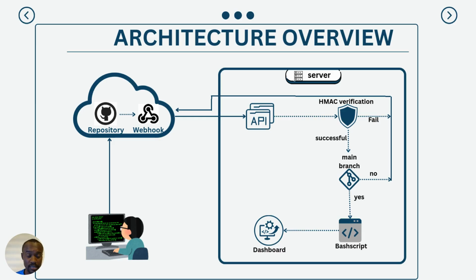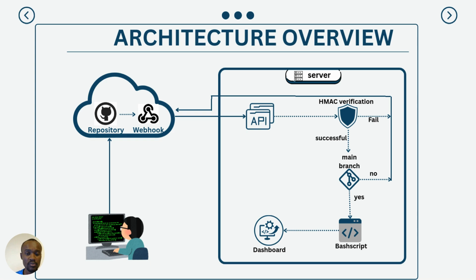HMAC verification is done by the API, and if it fails, a message is sent back to the webhook configuration on GitHub. If it's successful, proceed to do another check, which is to see if this payload was triggered by a push event to the main branch.